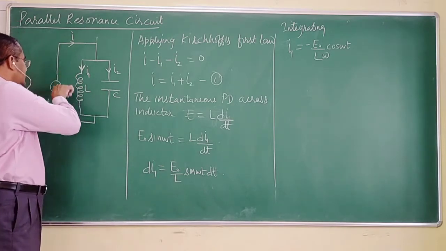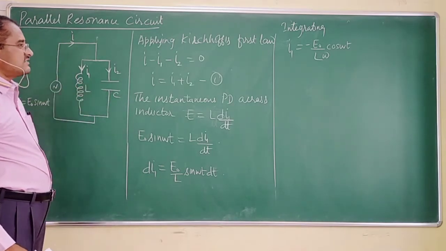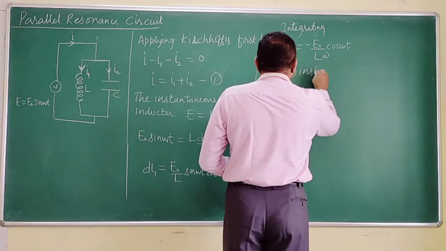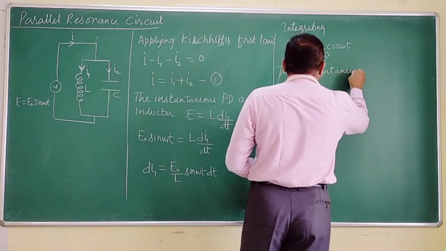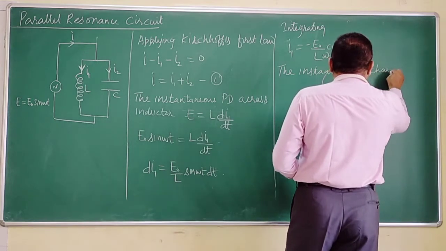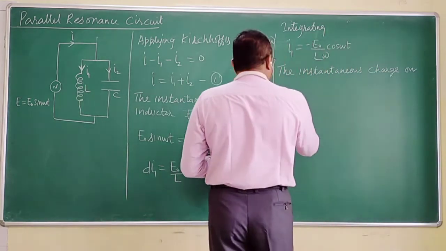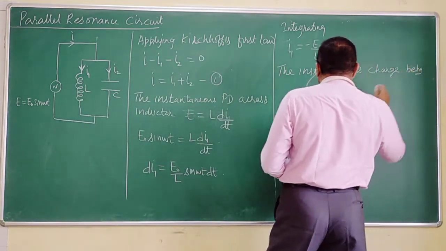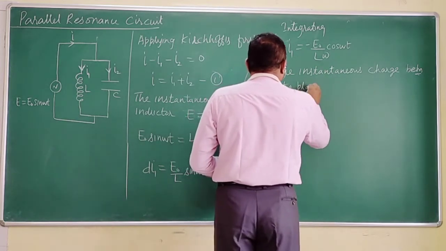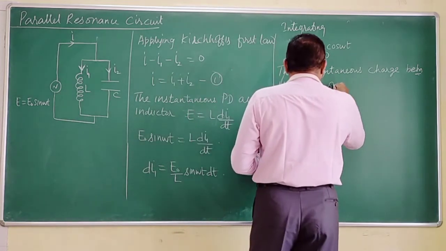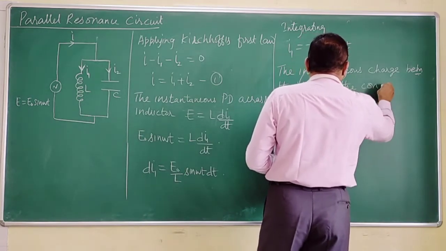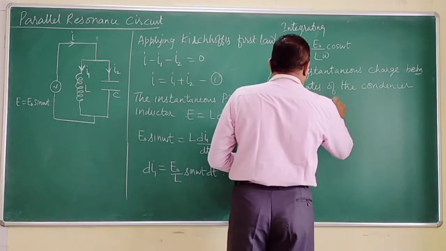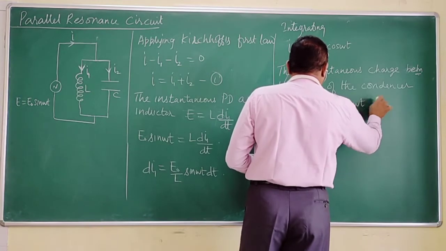Similarly, when you apply this alternating EMF, your capacitor will get charged. Therefore, the instantaneous charge on the capacitor, or between the plates of the condenser, I write as Q is equal to C E naught sin omega t.